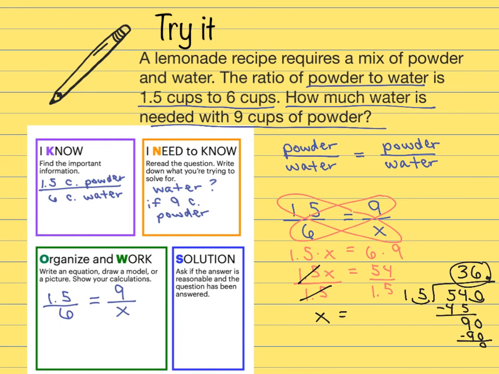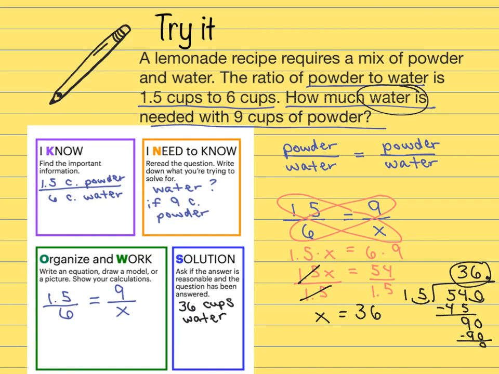So this is a terminating number, 36. Our solution is 36, and let's remember to label it cups of, what is it again? How much water? So, with 9 cups of powder, our recipe is going to require 36 cups of water.